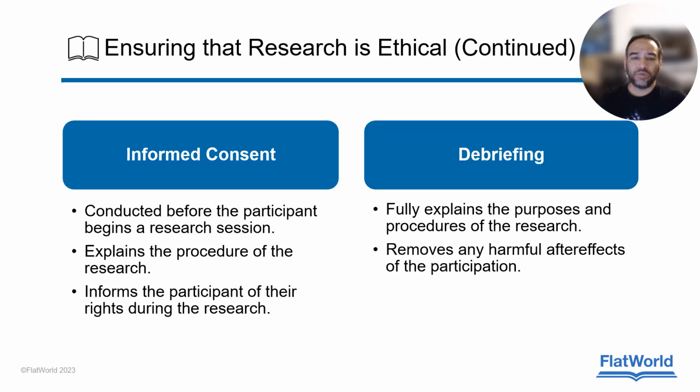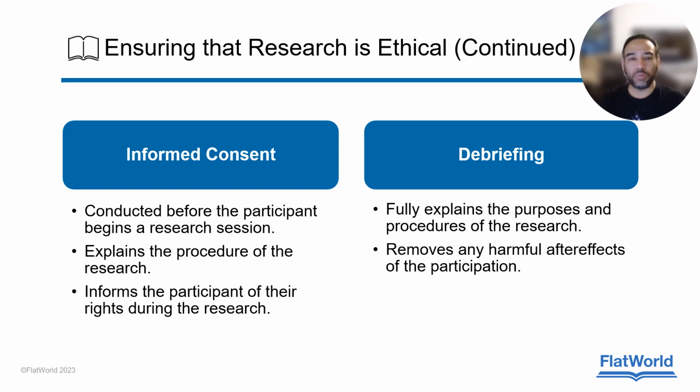All right, so now let's talk about ensuring that research is ethical, talking about informed consent and debriefing. We mentioned those earlier. Informed consent is like getting permission from someone to do something after you've explained all the important details to them. So in research, it just means that before someone agrees to be part of a study, the researchers have to explain everything they need to know so that they can decide if they want to participate.